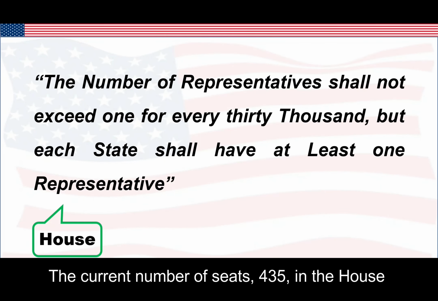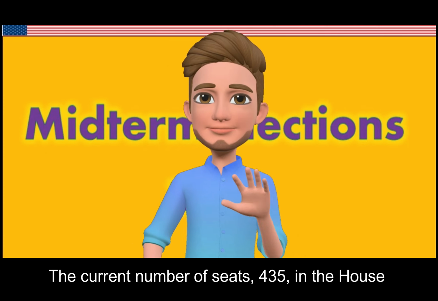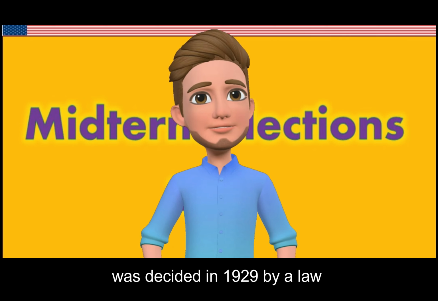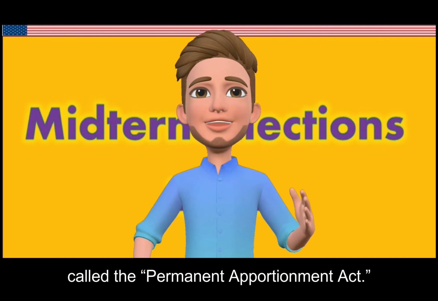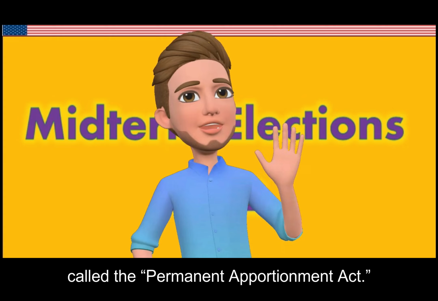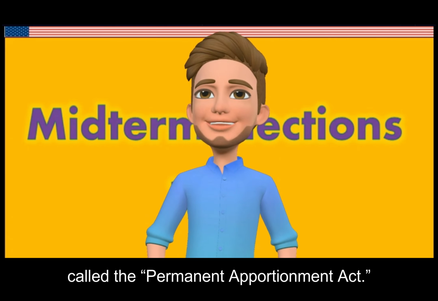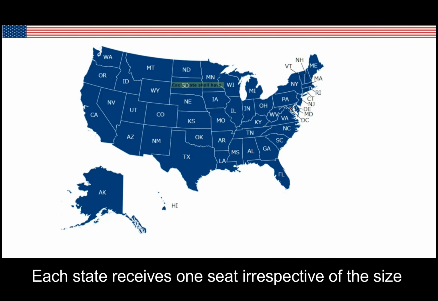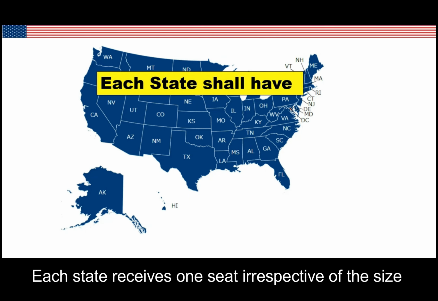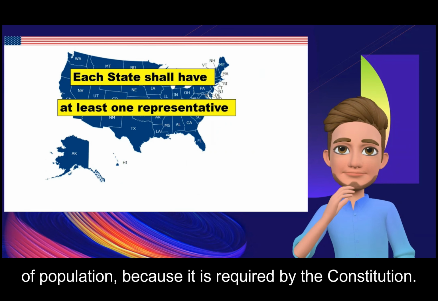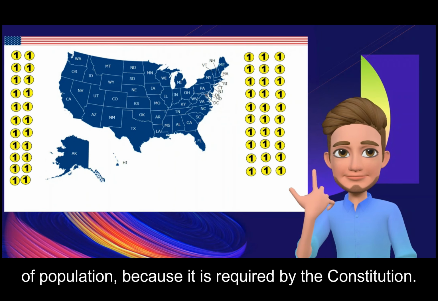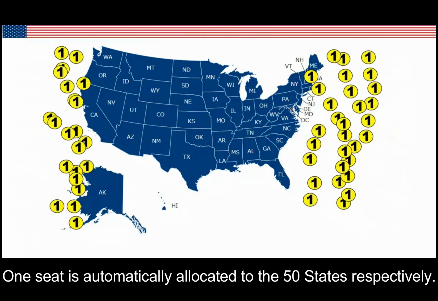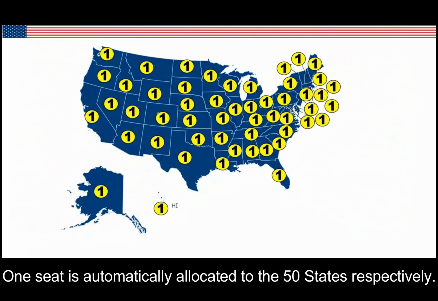The current number of seats, 435 in the House, was decided in 1929 by a law called the Permanent Apportionment Act. The procedure is like this. Each state receives one seat irrespective of the size of population, because it is required by the Constitution. One seat is automatically allocated to the 50 states respectively.